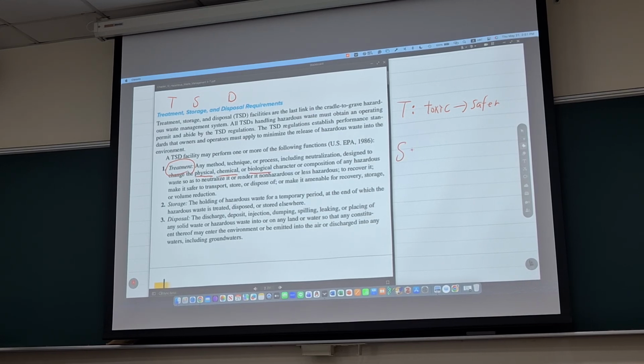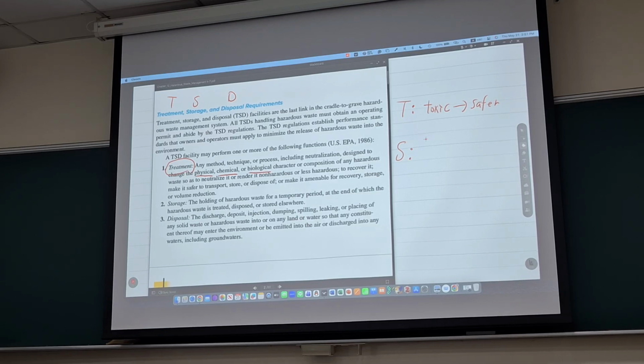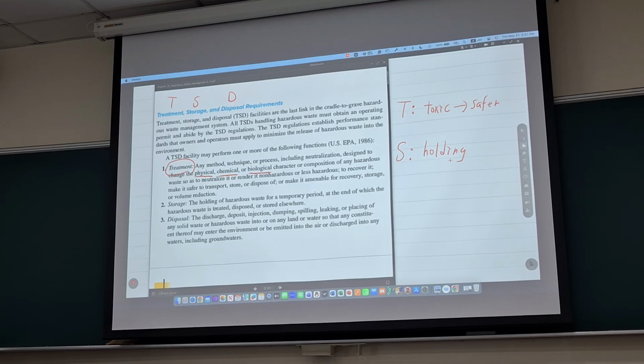So after that, you need to store your waste, right? Storage. So storage means temporarily holding the hazardous waste before disposal. But keep that in mind.